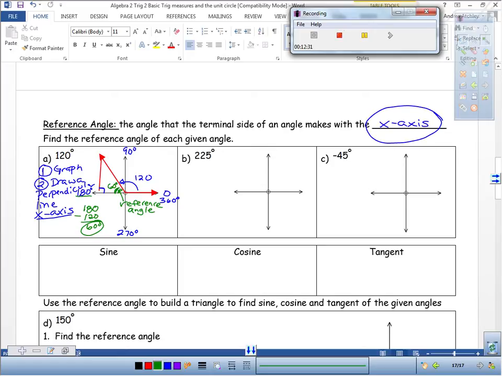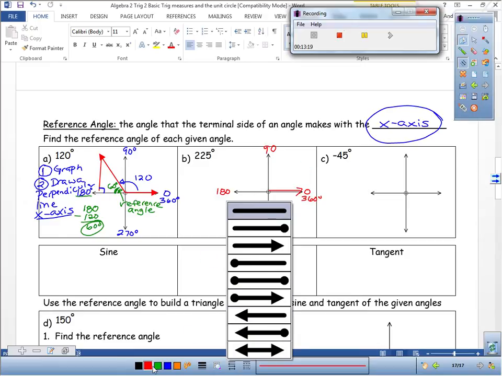Does that make sense? Okay, next one, 225. We'll do the same steps. Let's graph it. Let's write this in: 0, 90, 180, 270, 360. So my terminal side is going to be right here.